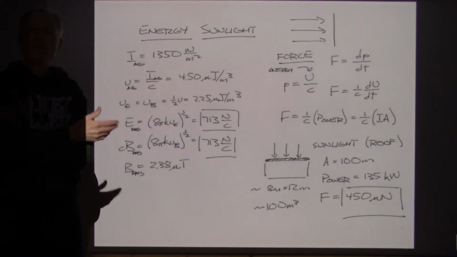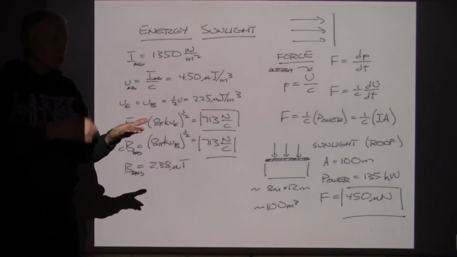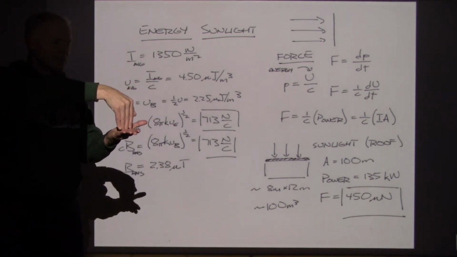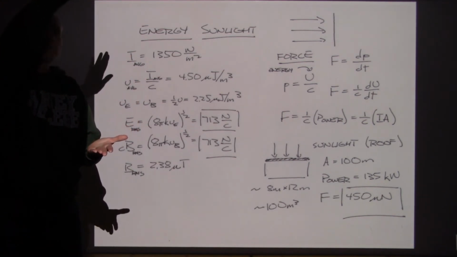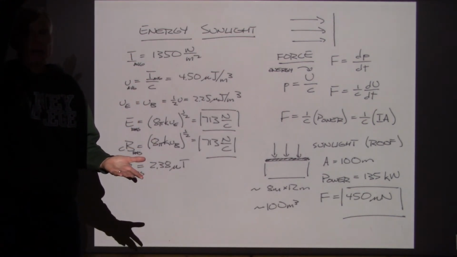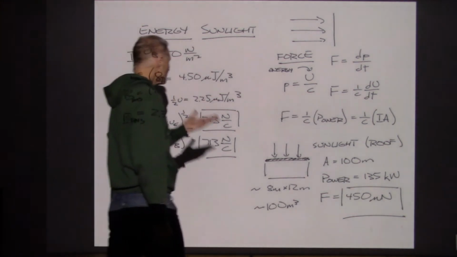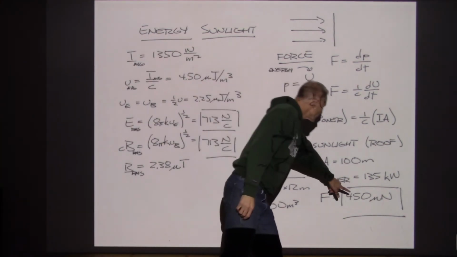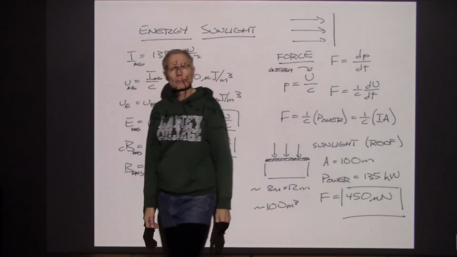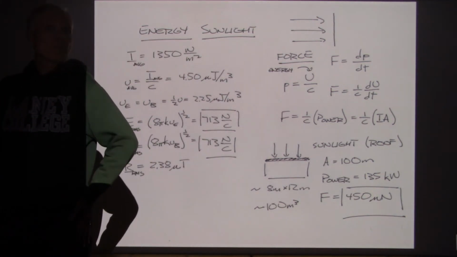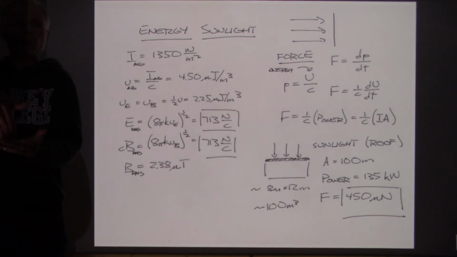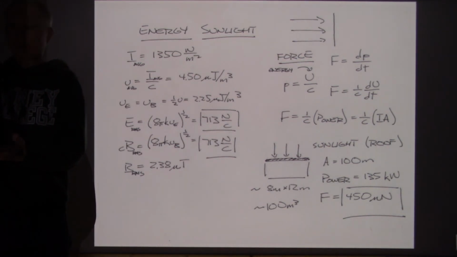That would take twice as much force to have the light completely stop and then reverse direction and head right back out at the speed of light. So if it was perfectly reflecting, that number would be doubled. Okay, 450 micronewtons for bringing the light in and being absorbed, 450 micronewtons for sending the light right back out again.